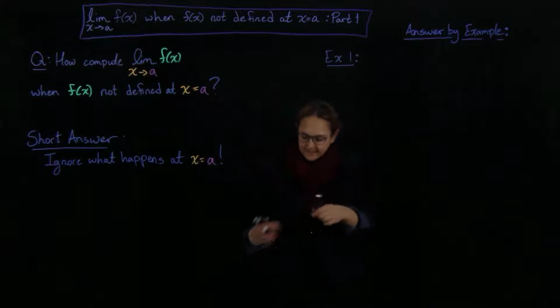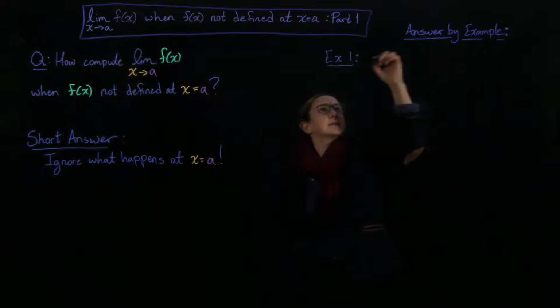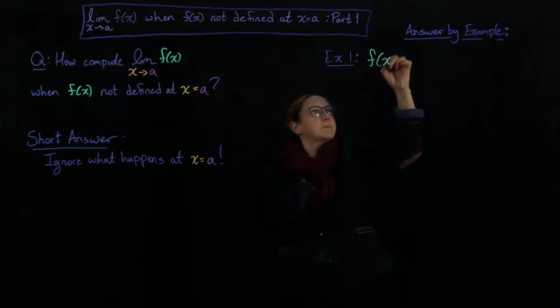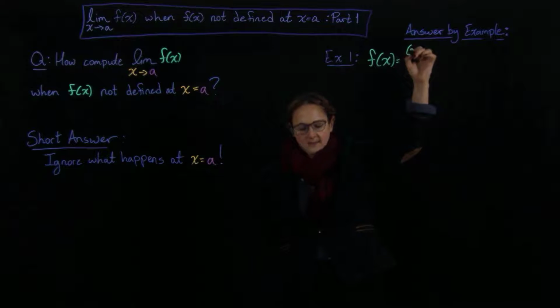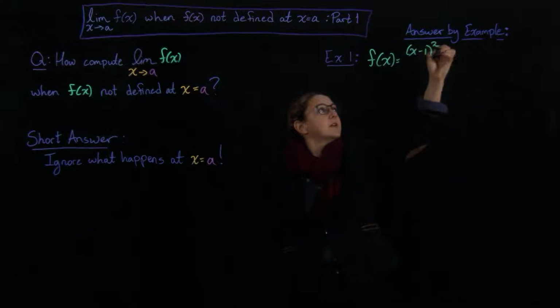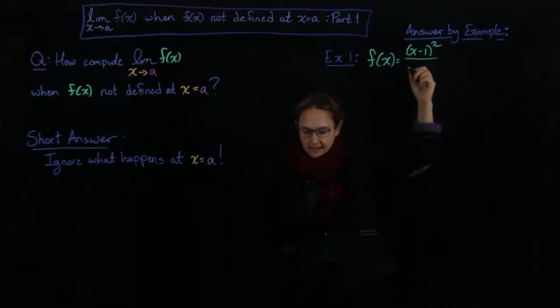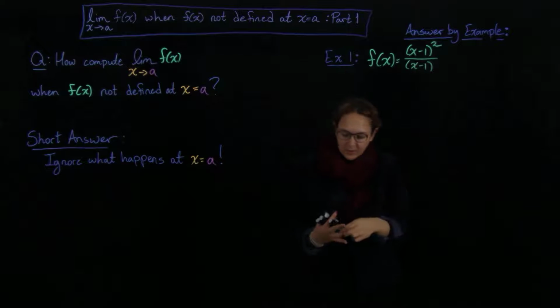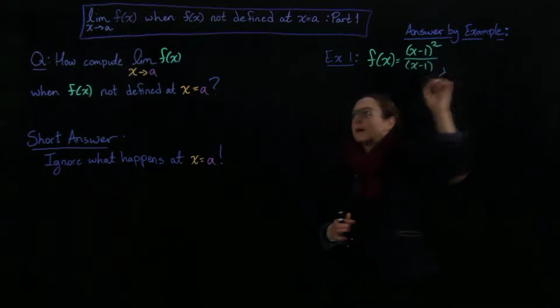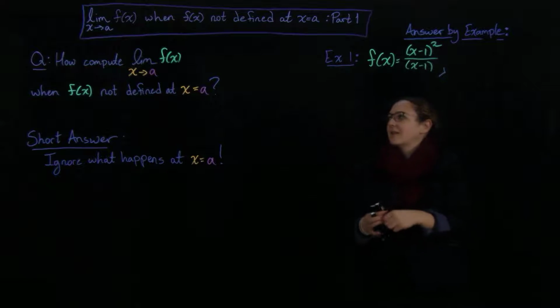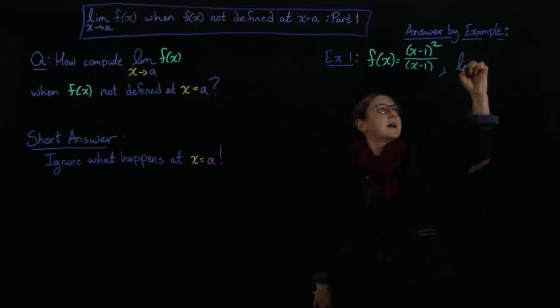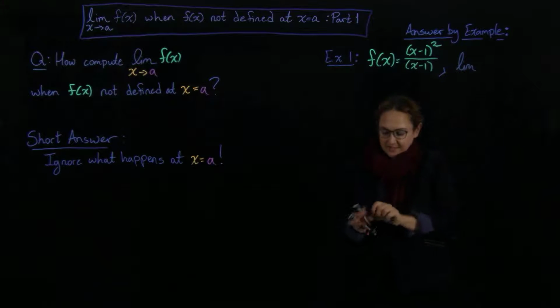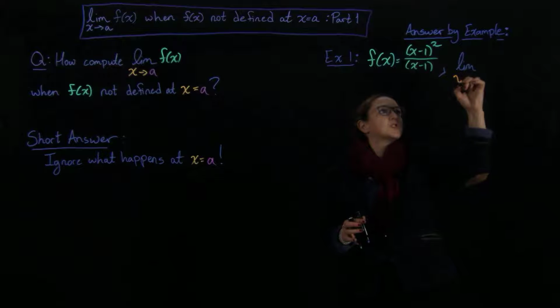In this example, we want to look at the function f of x equals x minus 1 squared, divided by x minus 1. And the question is, what is the limit as x approaches 1 of f of x?